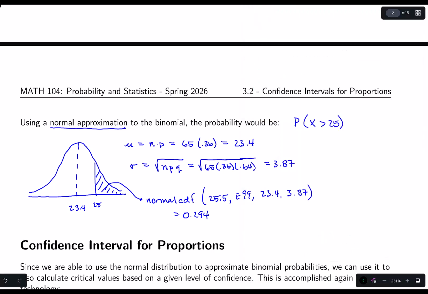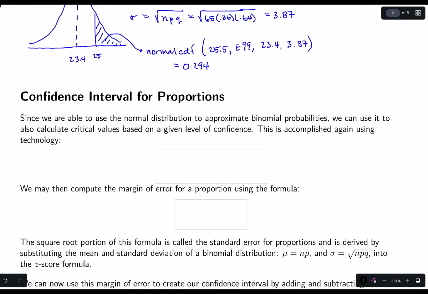And when that happens, the normal distribution is a very effective way of calculating binomial probabilities, which is great because then we can use this process for using the inverse norm in our calculation for confidence intervals of proportions. Now, the way that's going to happen is exactly the same way that we did it with the confidence interval for means.